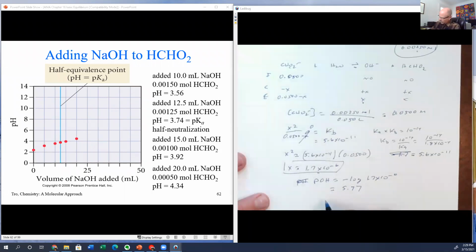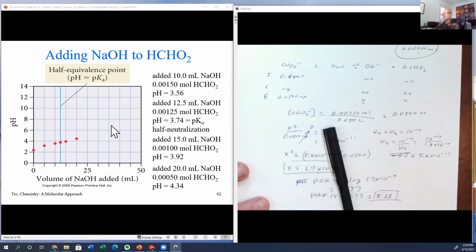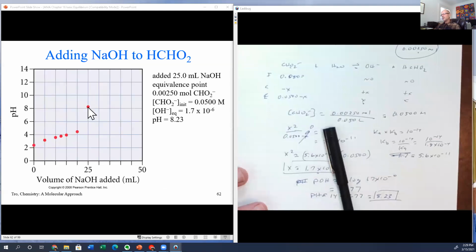And so pH is equal to 14 minus 5.77, and that's equal to 8.23. So notice what happens. The pH at the equivalence point is 8.23.